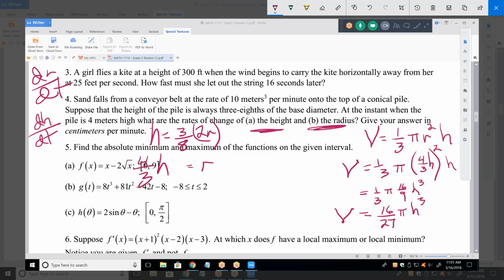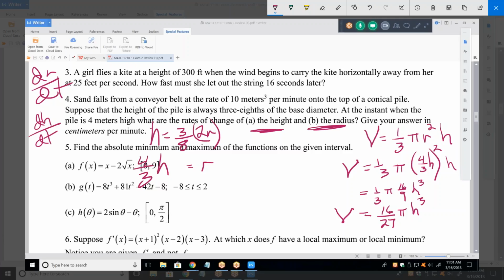Now what? Now you have all the heavy lifting. Now you do the rest of it. Do you just plug in the 4? No, remember, there's always a step on these related rate problems where you have to differentiate both sides.